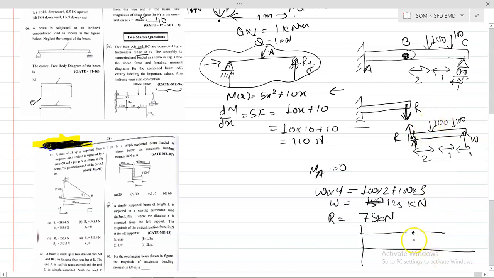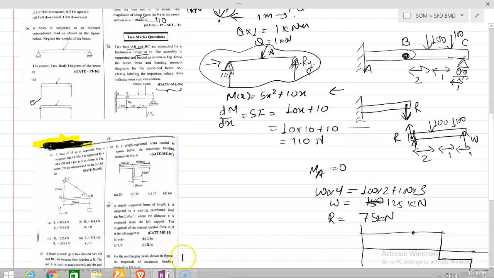Now you get 25 in the negative direction, and again up to the 100 point it is the same, then it is 125. This is your shear force diagram.